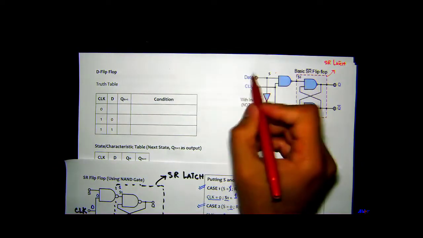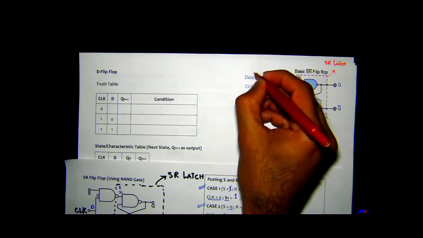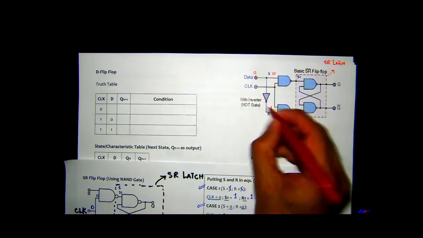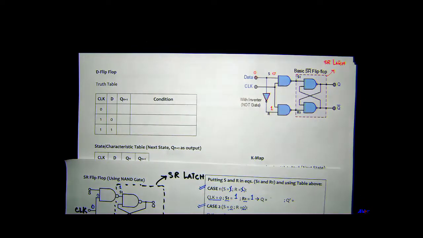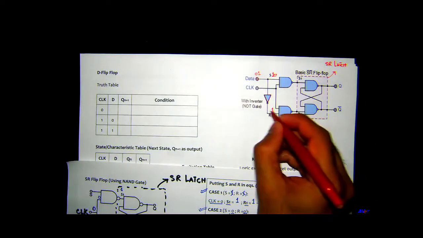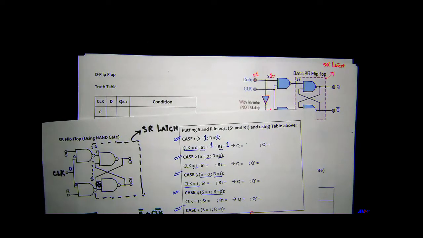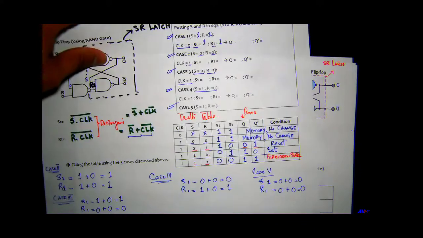If D is 0, S will be 0 and R will be 1 because it's going through an inverter, correct? So if it's 1, you get 1 here and then you get 0 here. So you have 0, 1 or 1, 0. So we can switch between set and reset, and we are able to avoid the forbidden state that we have over here.